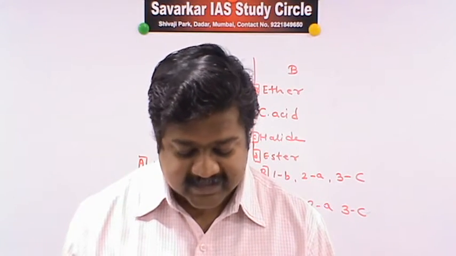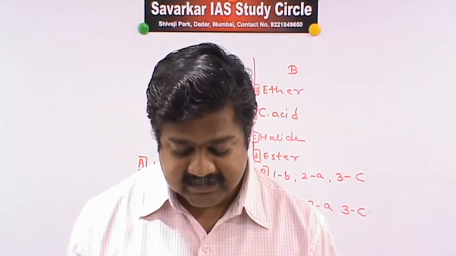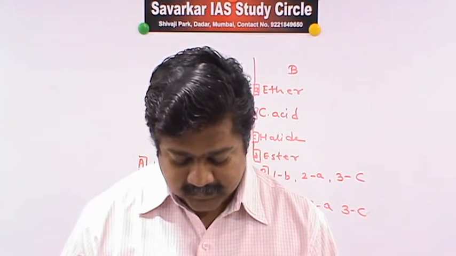Give the key accordingly. Second question: chloroform has the formula CH3Cl. It is a little bit changed, it is CHCl3, and therefore the statement is false. CH3Cl is called methyl chloride, whereas CHCl3 is chloroform.